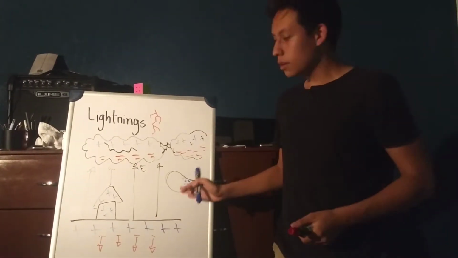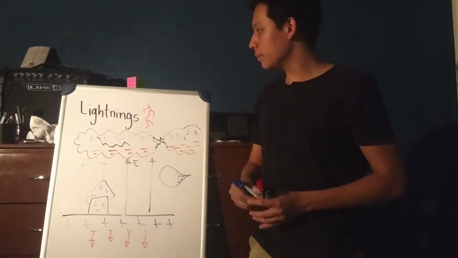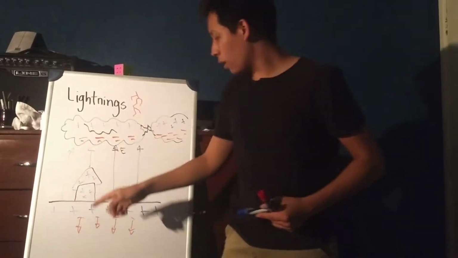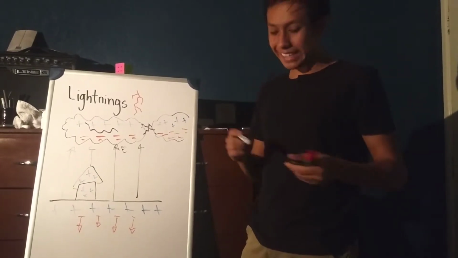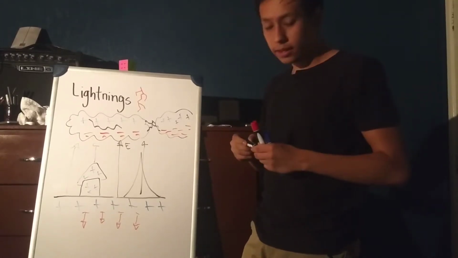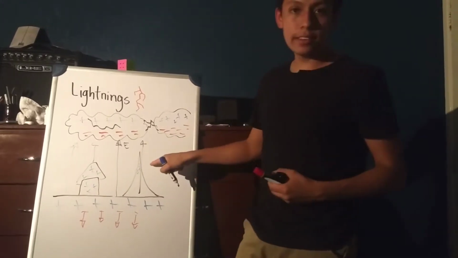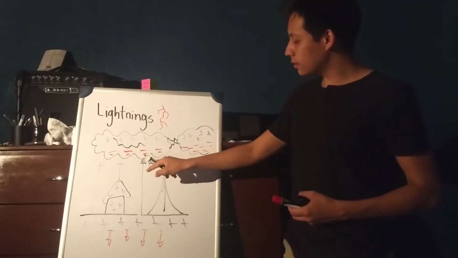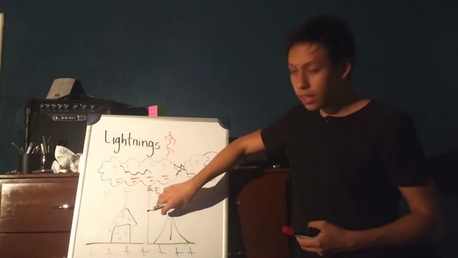It is important in order to determine where the lightning might strike. For example, if we have one house and a tower made of steel, like this, that is also positively charged, and it has a pointy end, it is more probable that the lightning strikes in here because of the higher charge density in this end.